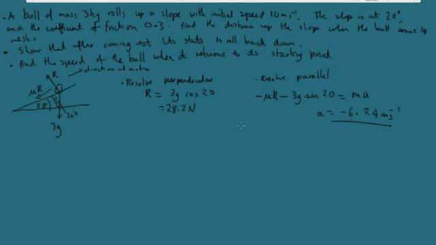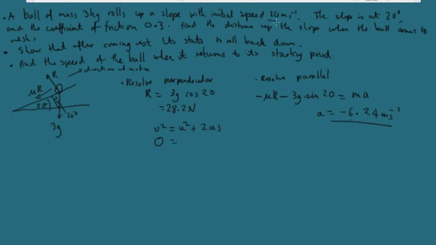And we want to find the distance. So we're using our equations of motion. V squared equals u squared plus 2as is one we're going to use. The final speed will be 0 because it comes to rest.